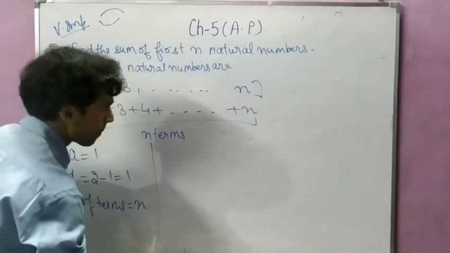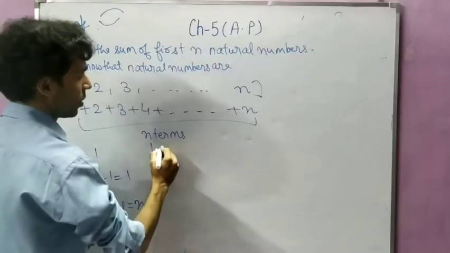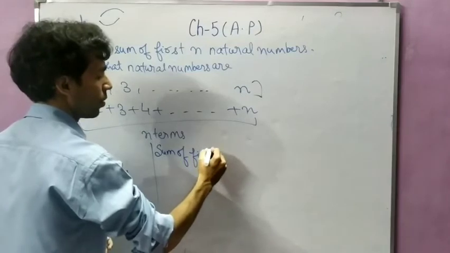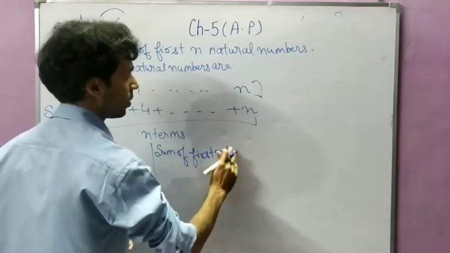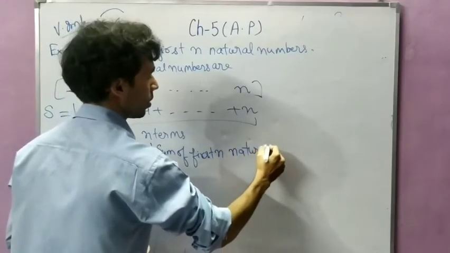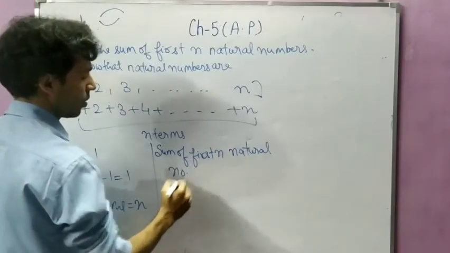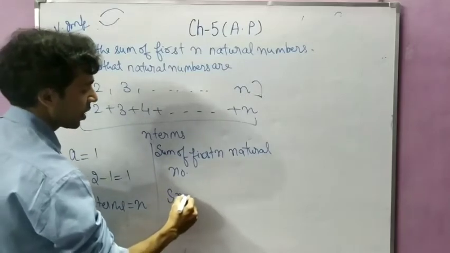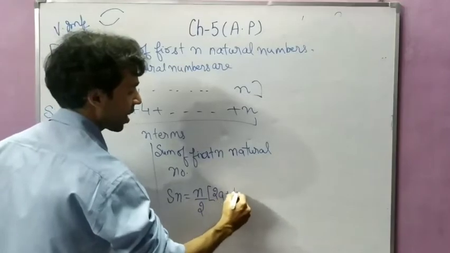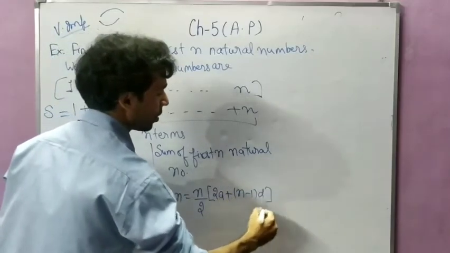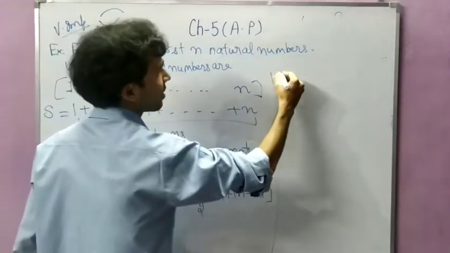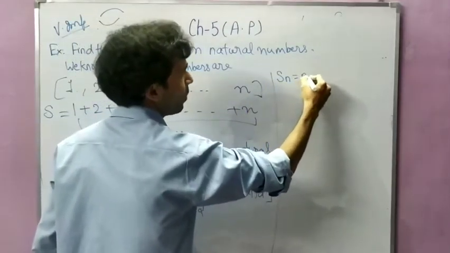So the sum of first n natural numbers, that is Sn equals n by 2 in bracket 2a plus (n minus 1) d. Because we don't know the value of n, it will be Sn only. Sn equals n by 2.